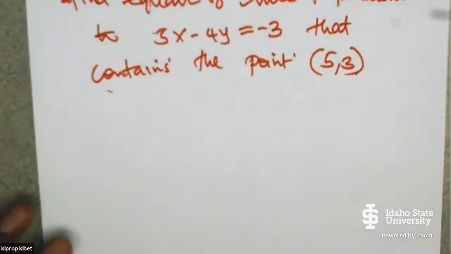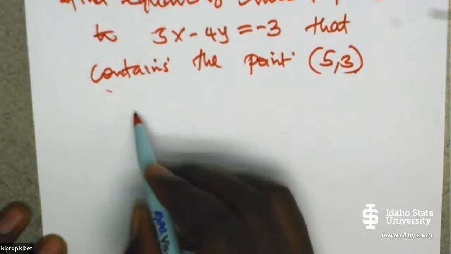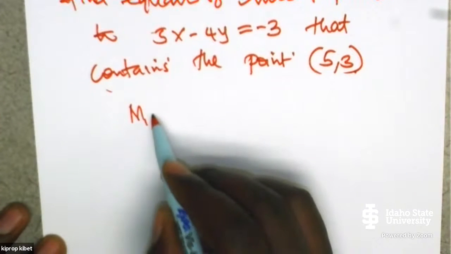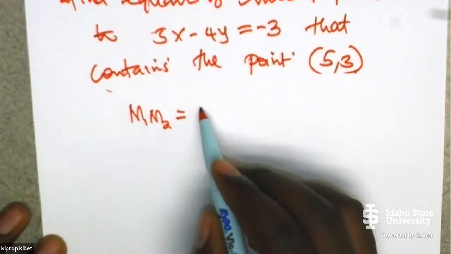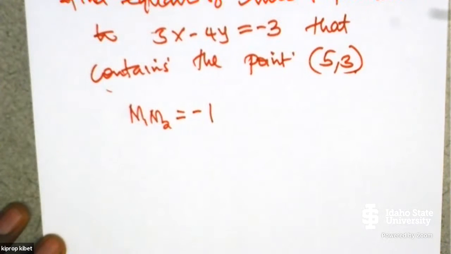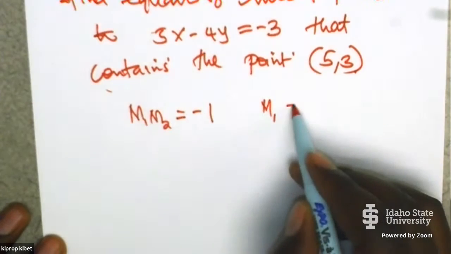If we change it to perpendicular, that means for perpendicular lines, m1 times m2 equals minus 1. We already got m1.